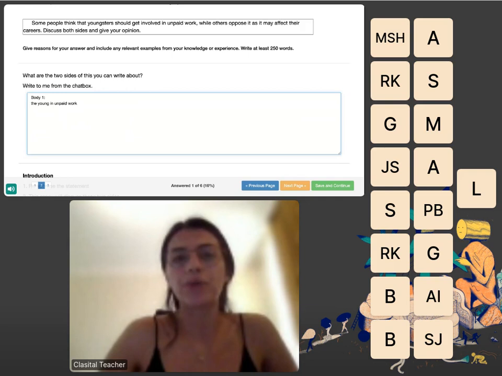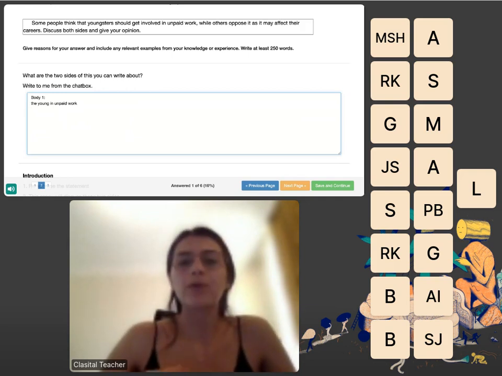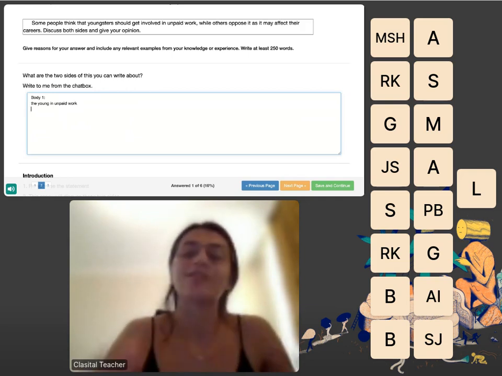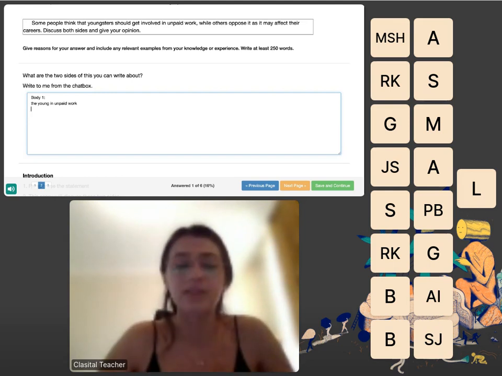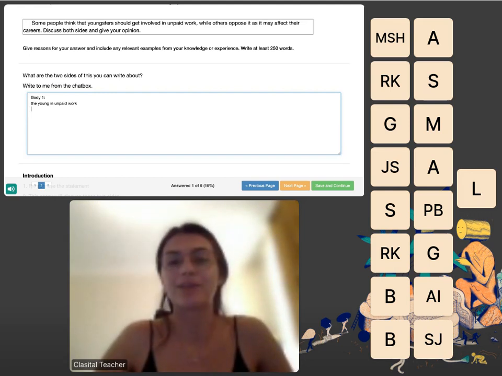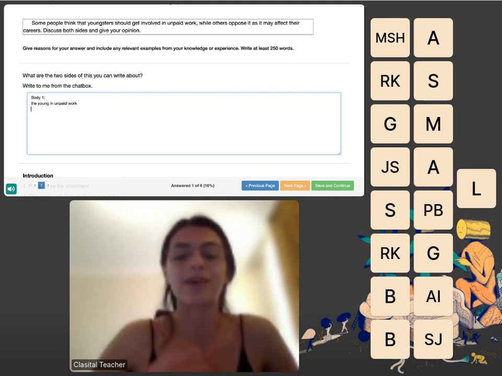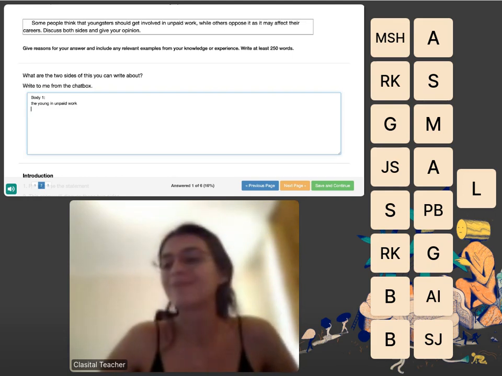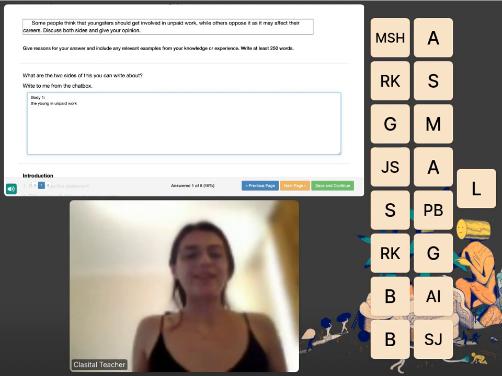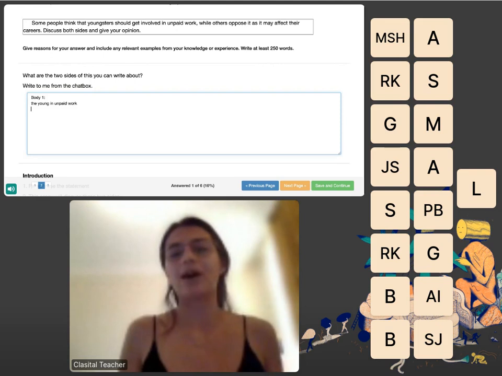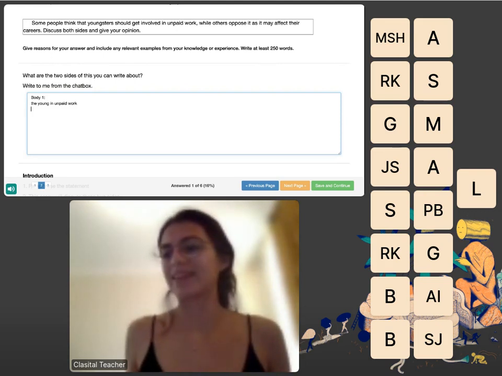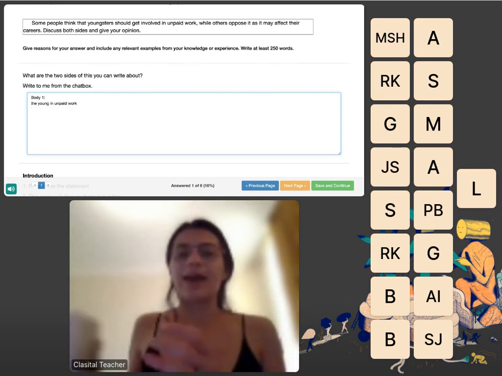We need to support this, so we need to say young people should work in unpaid jobs. How can we say that? How can we give examples? We can also use our own experience, and we can also lie, because the examiners don't know anything about us, so they won't be able to tell that we were lying. Let's support why young people should do unpaid work. I'll wait.